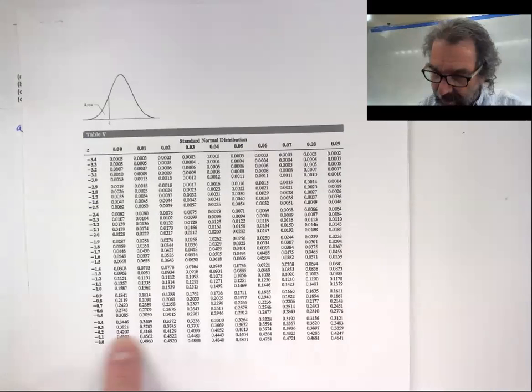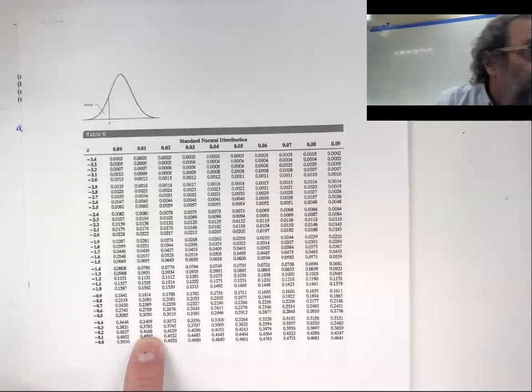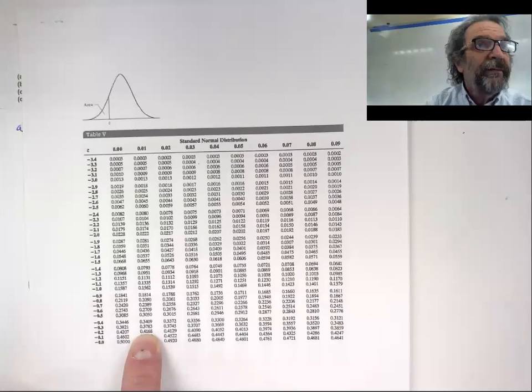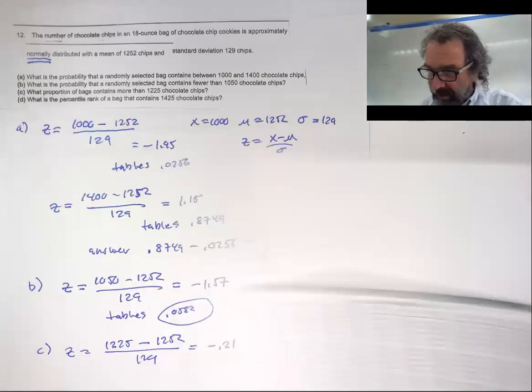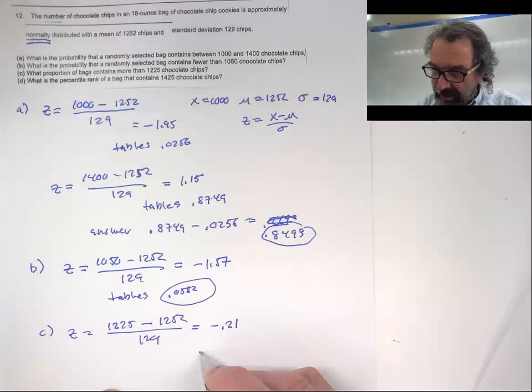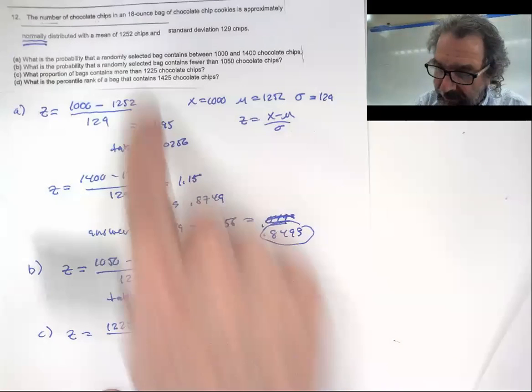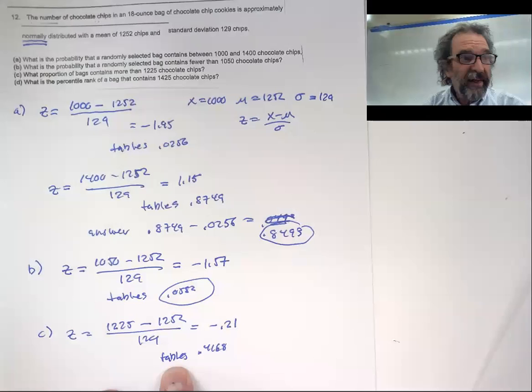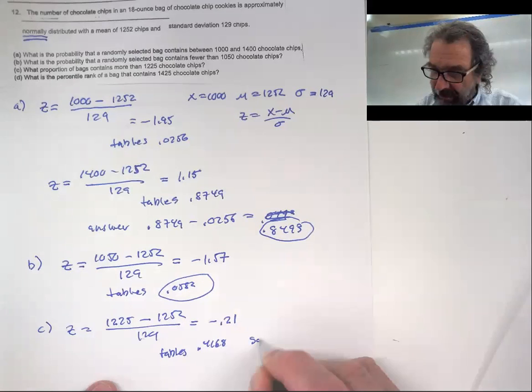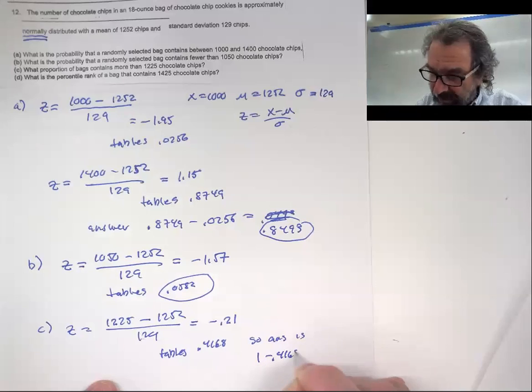What's here? 0.21. That's 0.4168. So 0.4168 out of the tables. We want more than. The tables give less than. And so the answer is 1 minus 0.4168.